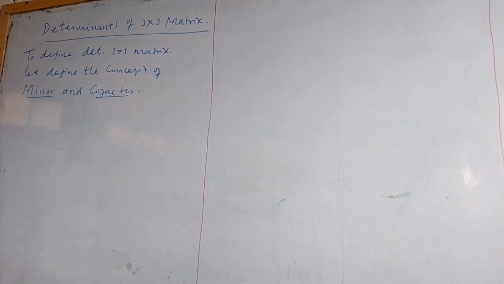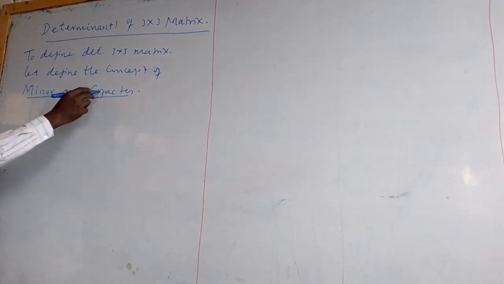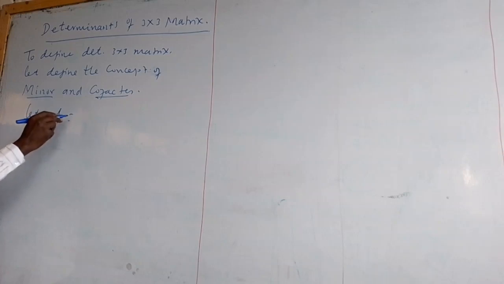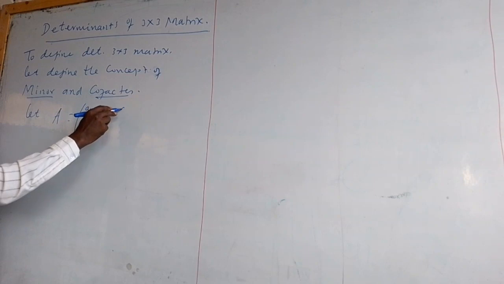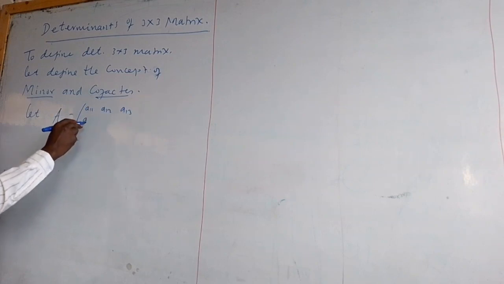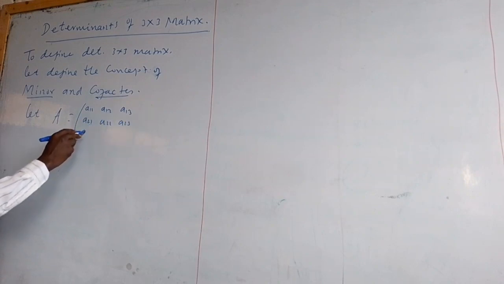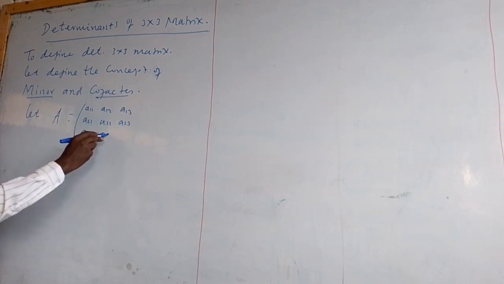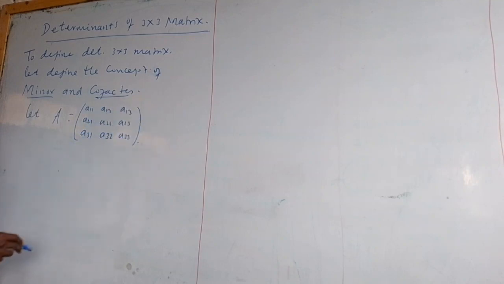When we say minor, let's take matrix A. In a simple way to show you the minor and the cofactor, if a matrix A is given, that is A11, A12, A13, A21, A22, A23, A31, A32, A33.